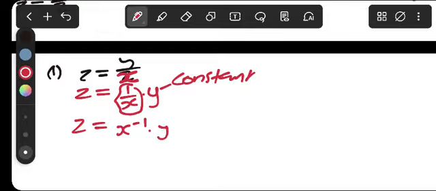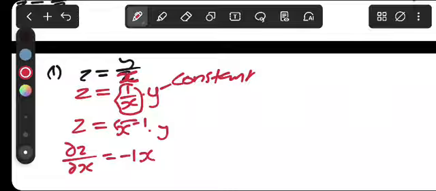Then I can take our partial derivative with respect to x. You drop the exponent, minus 1, so there will be minus 2 multiplied by this one. Remember, y is the same as a constant, so it does nothing there.